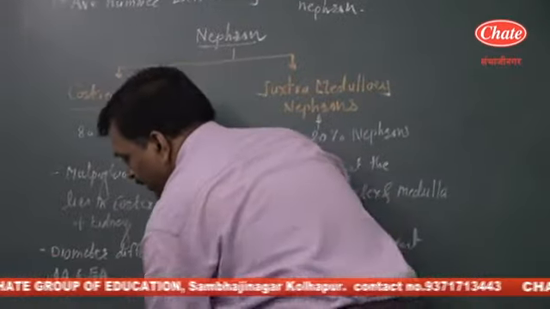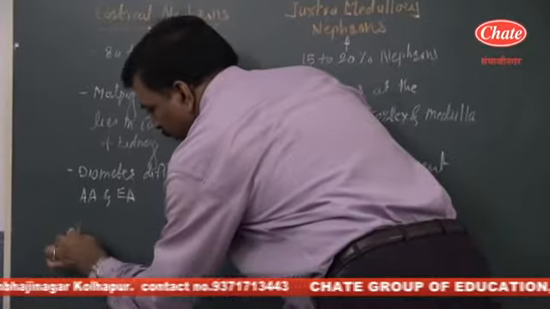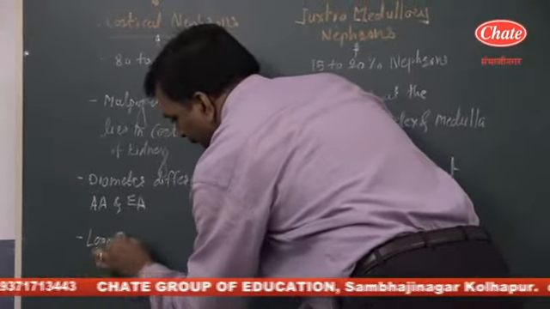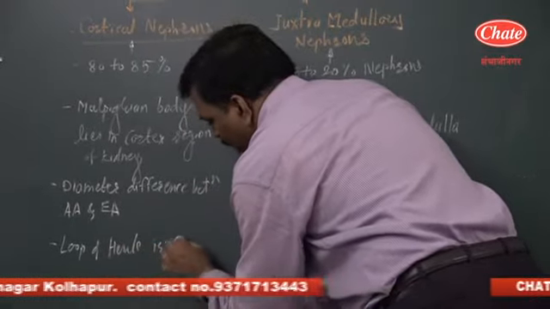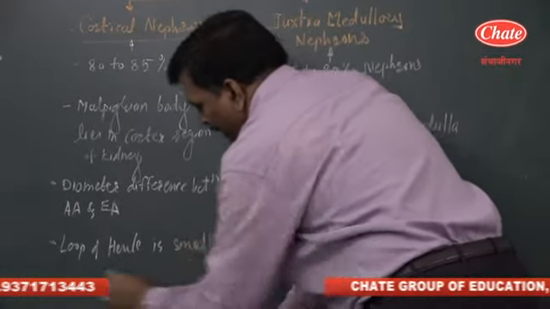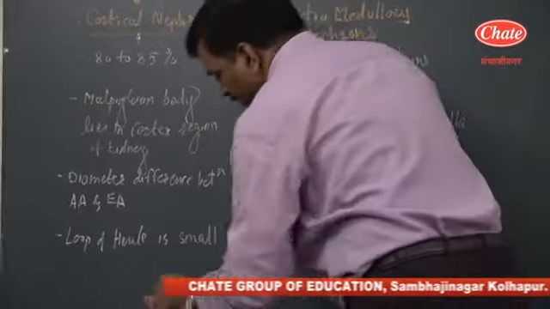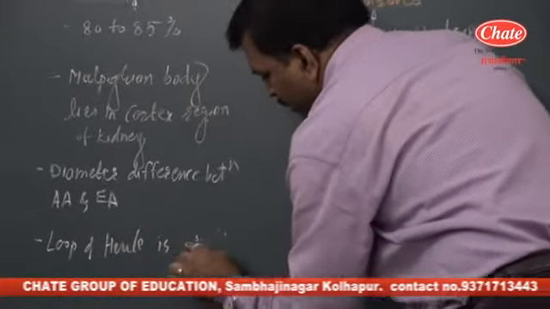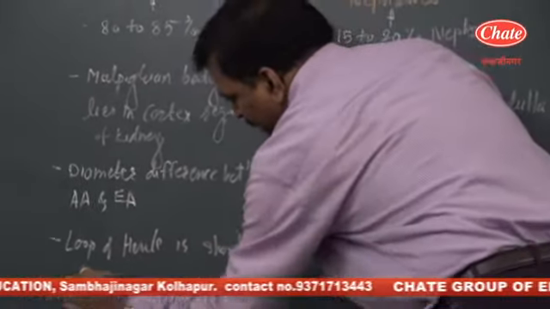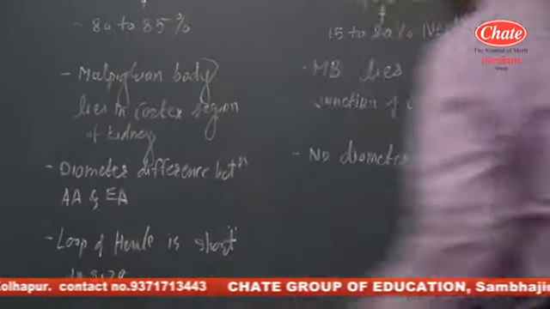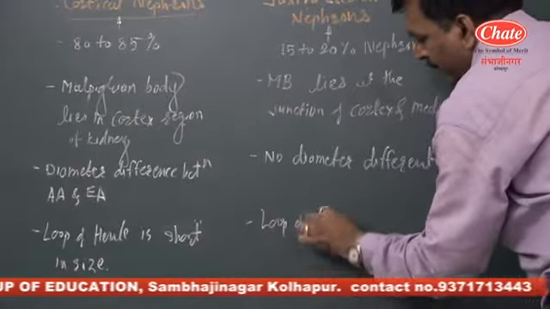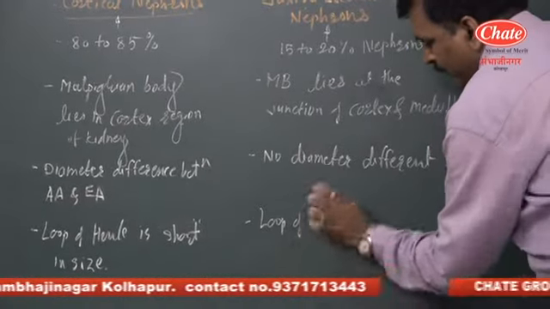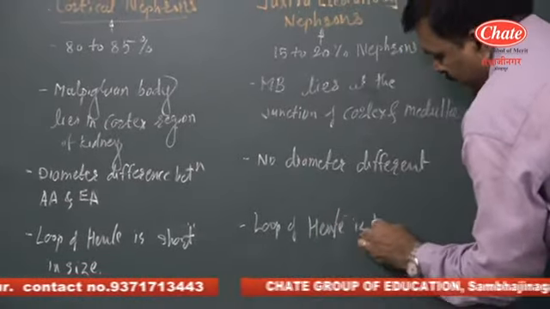Then in the cortical nephron the loop of Henle is small or short in size, while in the juxtamedullary nephron the loop of Henle is long.